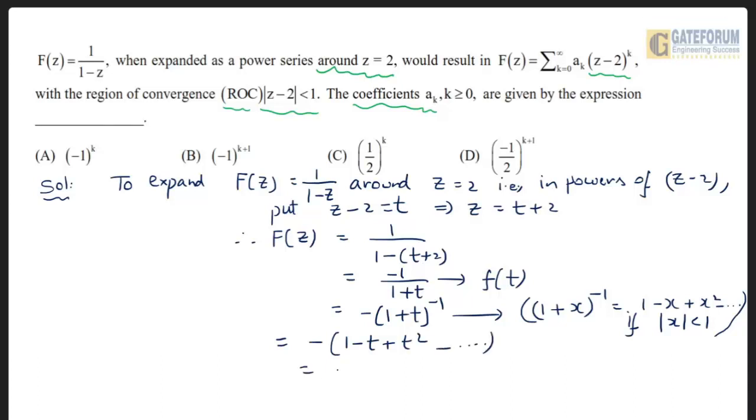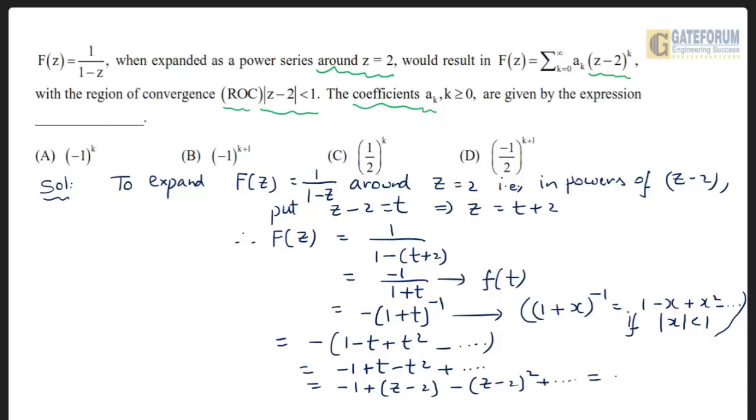Now this is equal to minus 1 plus t minus t square so on. Now t can be replaced by z minus 2: minus 1 plus of z minus 2 minus of z minus 2 whole square plus so on.